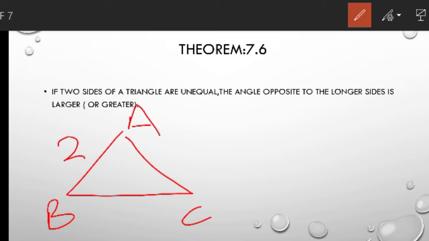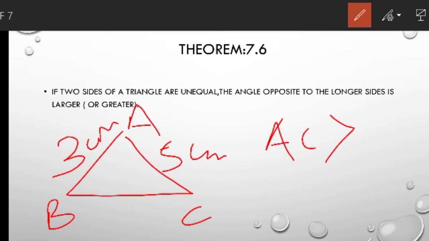Suppose AB is 3 centimeters and AC is 5 centimeters. So here the sides are unequal. We are considering the two sides AB and AC. These two sides are unequal. So here AC is greater than AB.